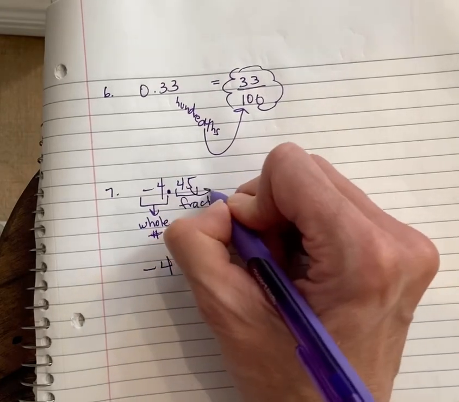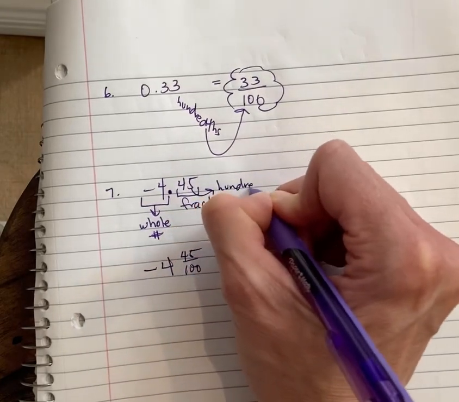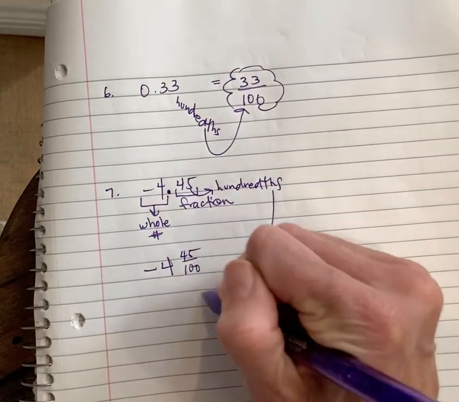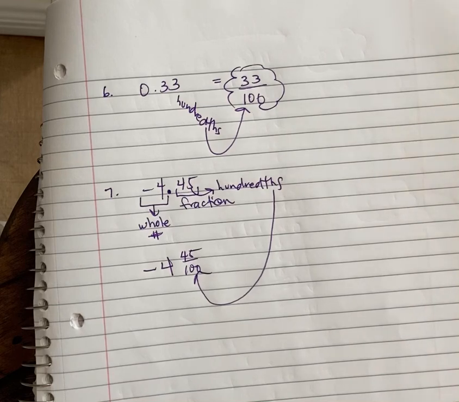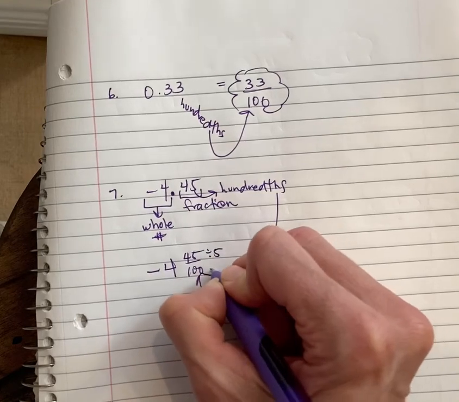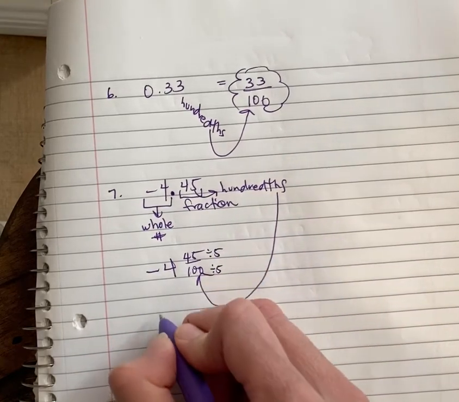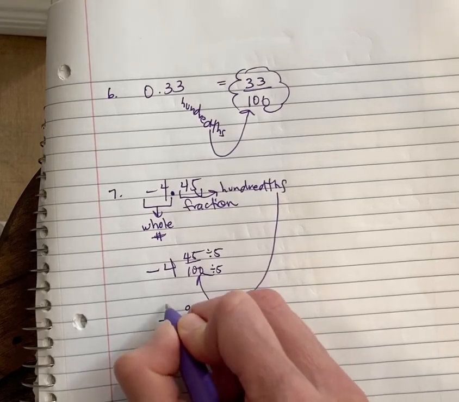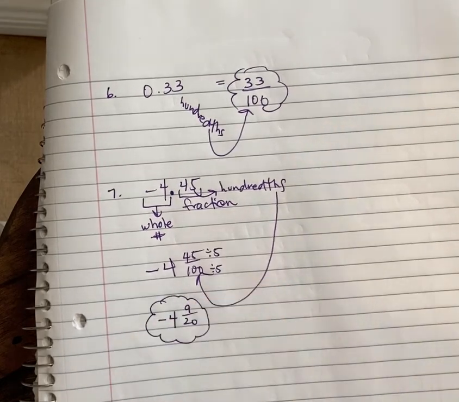Again, this 5 is in the hundredths place. That tells us what our denominator is going to be. Remember, to get full credit, you have to reduce. So we would divide by 5, divide by 5, and we would get negative 4 and 9 twentieths, which can't be reduced anymore.